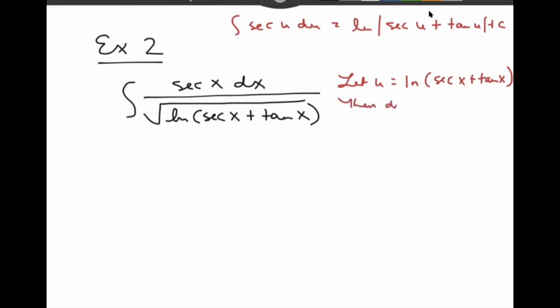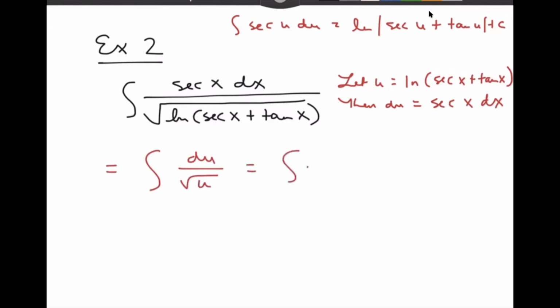But I think it shouldn't be that hard to convince you, based on that integration rule we just went over, that the derivative of natural log secant x plus tangent x is just secant x. So this integral turns into the integral du over the square root of u. And I think we've seen one of those before.